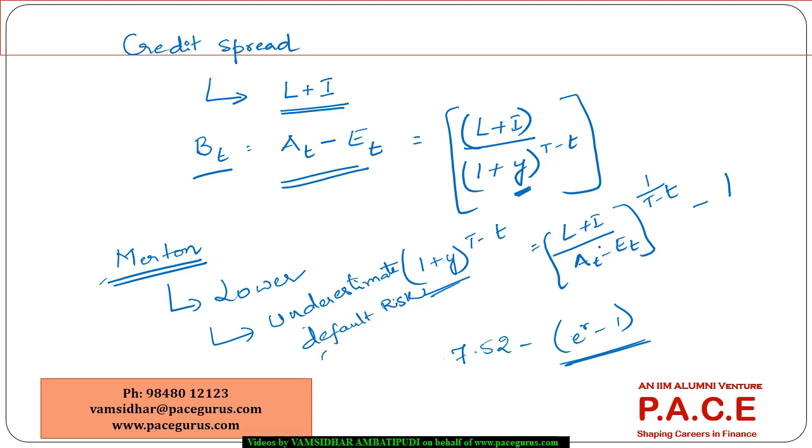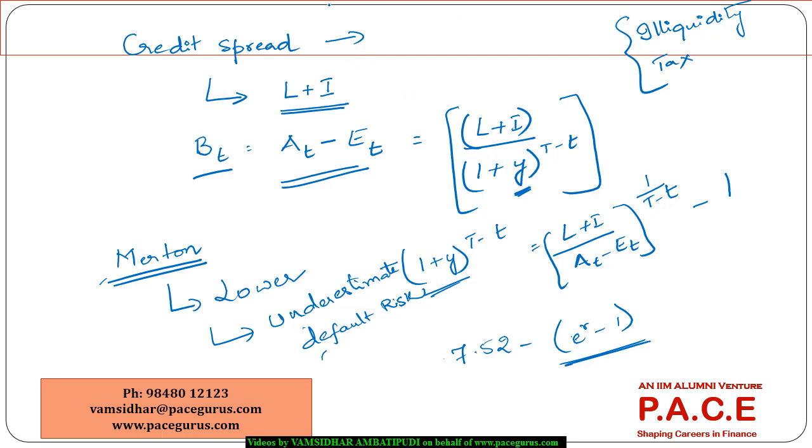And on the other side, when we look at the spread, it also contains a component of illiquidity. It also contains a component of tax disadvantage associated with the corporate bond. But those things are not getting incorporated into the spread that we are computing through this process. So even that could be another reason why we cannot rely on the spread that we are getting exclusively through the Merton model.